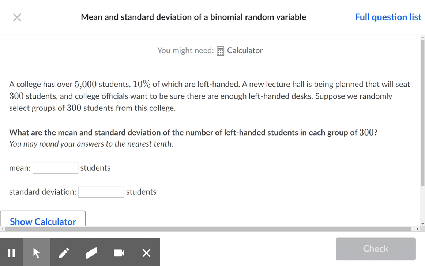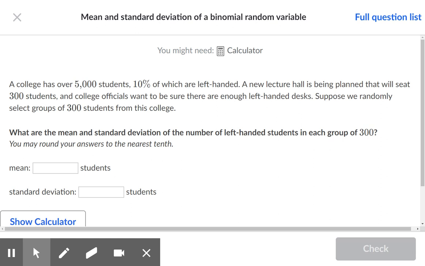Whenever you're asked to find the mean or the standard deviation of a binomial random variable, the formula is as such. You determine the n, and then you multiply that by the p, the probability of success. And for standard deviation, it's very simple: square root, and then you take the n, multiply by the p, multiplied by 1 minus p.